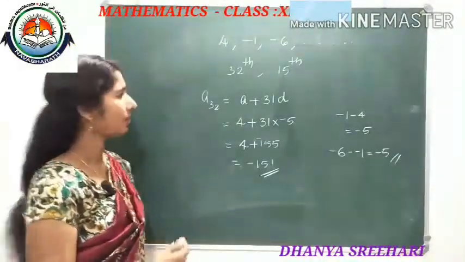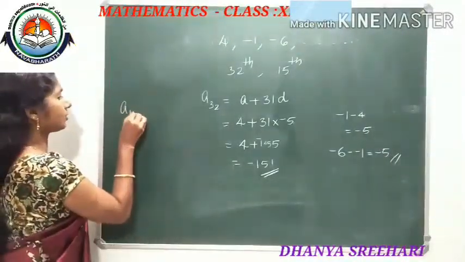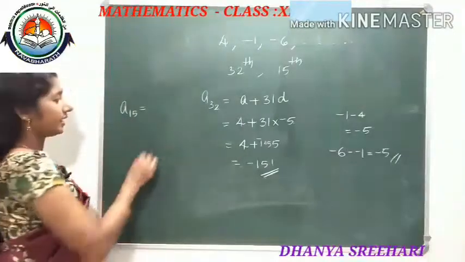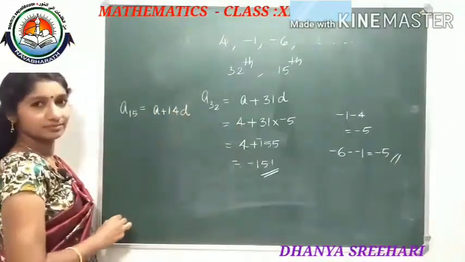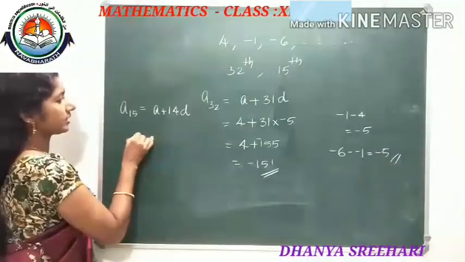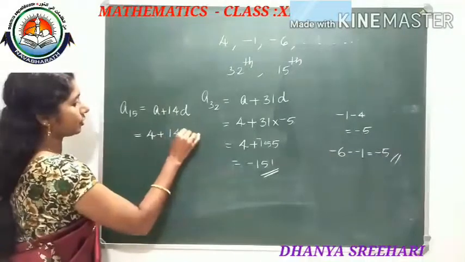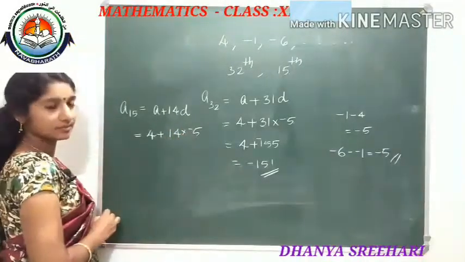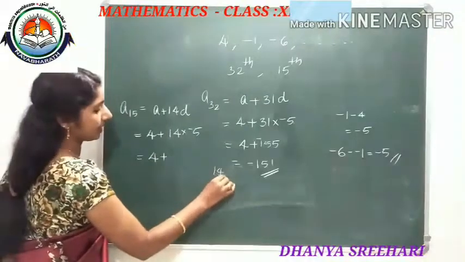And what is the 15th term? To get the 15th term, we need to write A15. A15 is equal to A plus 14D. Correct now? So it is equal to A is 4, 4 plus 14 into minus 5. So it is equal to 4 minus 14 into 5.